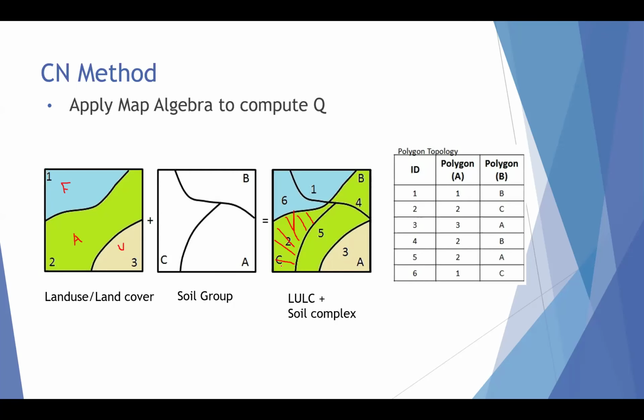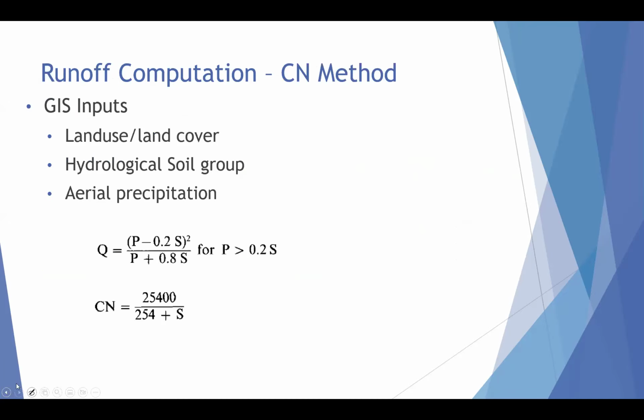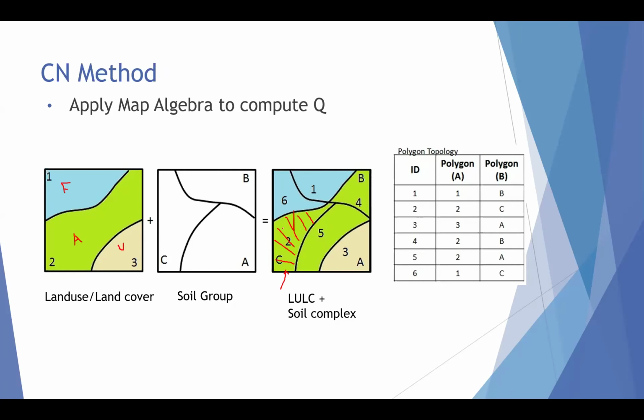So for agriculture and soil group C, what is your curve number? That I can get. From the curve number, I can calculate what is S, and once S is computed, I can get my runoff depth from that particular polygon, that is, how much runoff is going to be generated from this polygon.